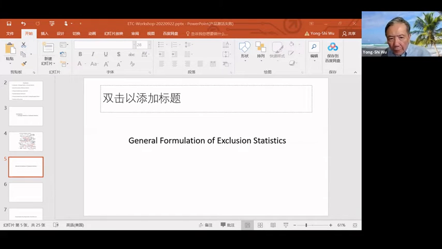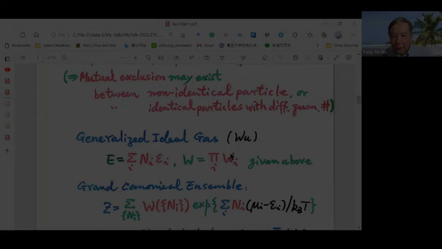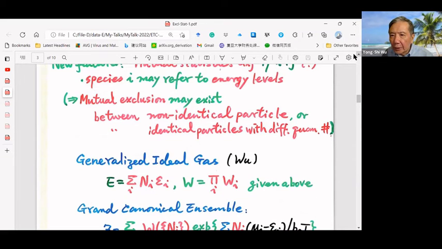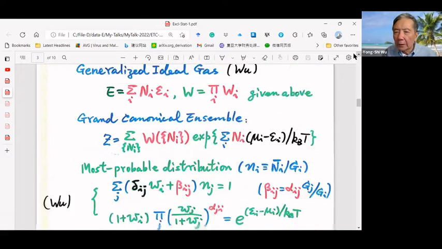So from these two sets of equations, we can solve W_i as an exponential function of these exponentials. So these are the generalized ideal gas, okay? And the assumption of capital W, the generalized one, is this one, okay?